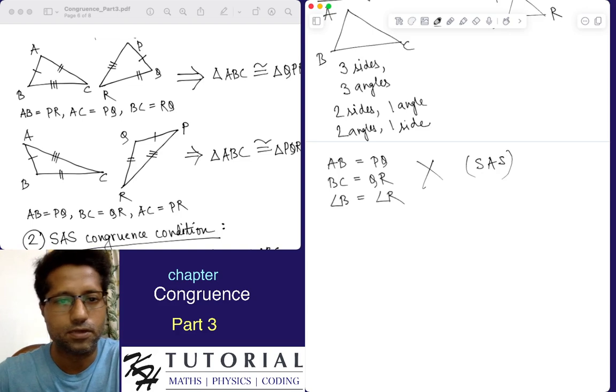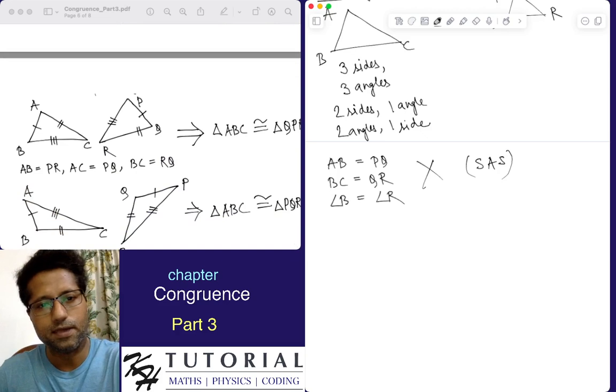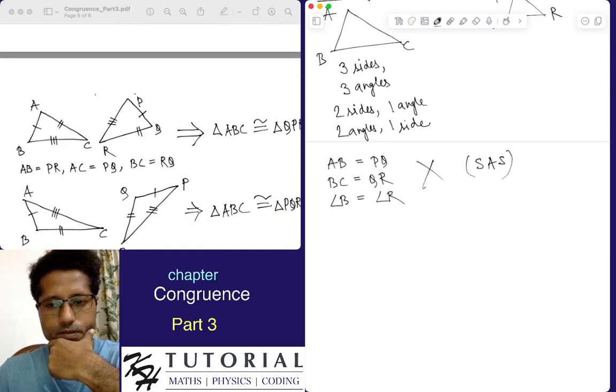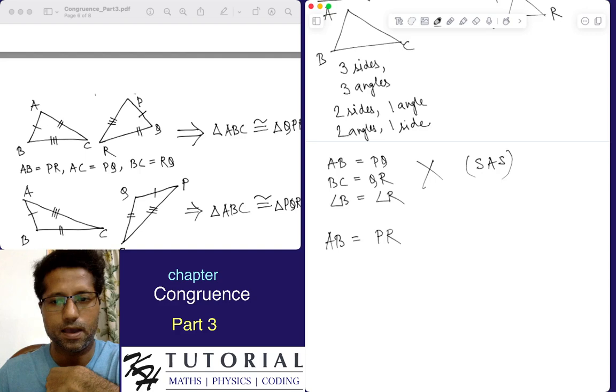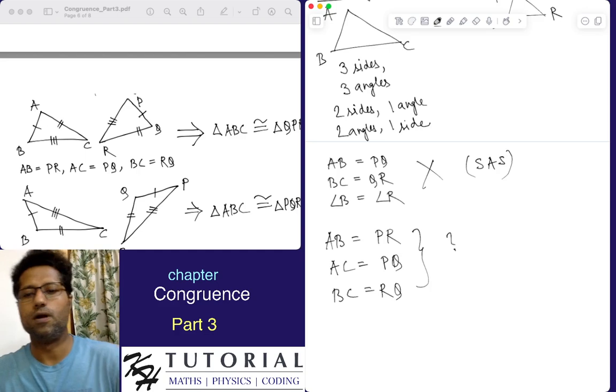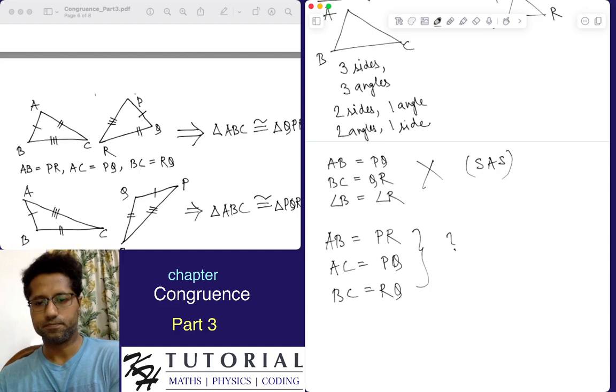For the SSS condition, in the first figure, we have AB equal to PR, AC equal to PQ and BC equal to RQ. The question is, from this, how do we know and express the congruence relation?